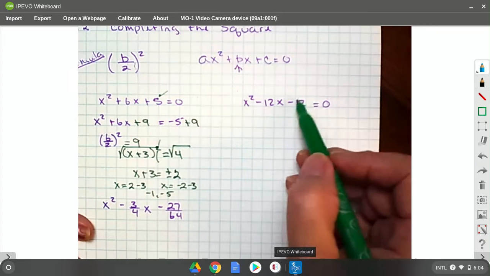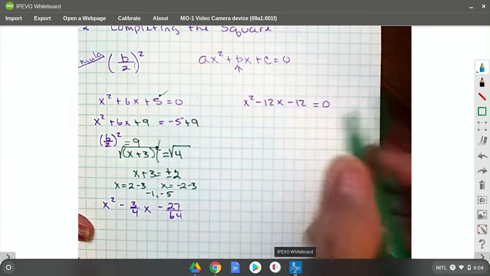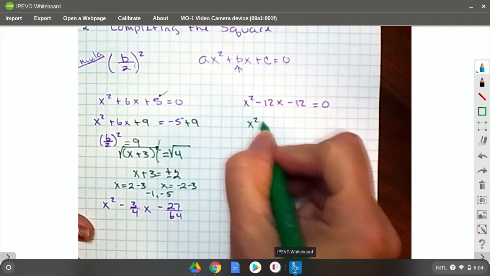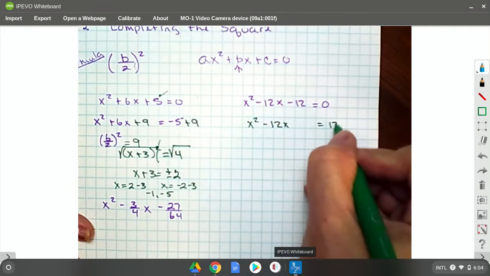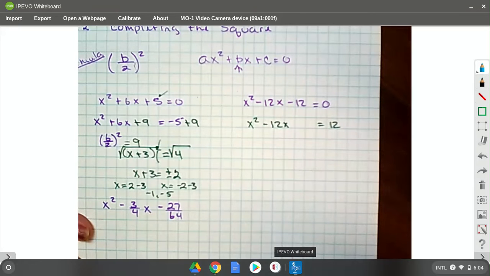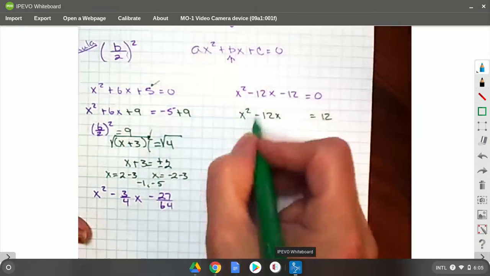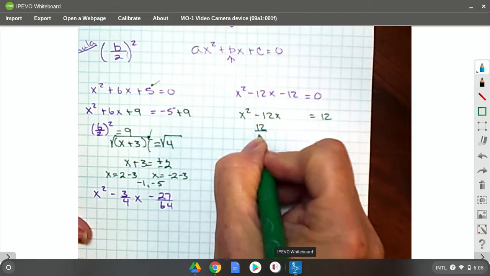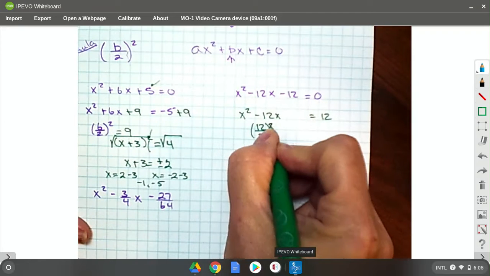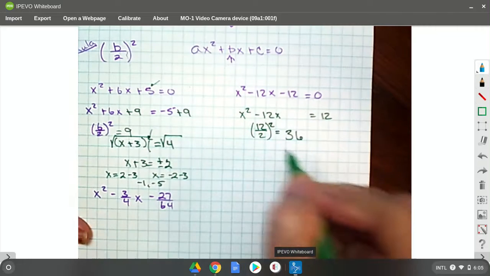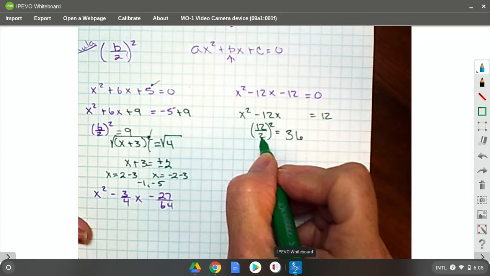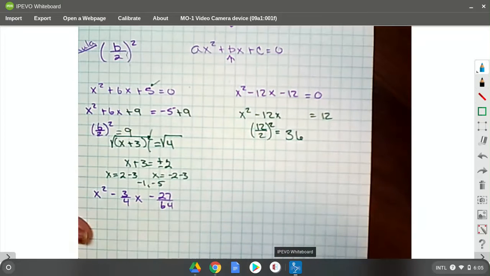Okay. All right, I'm going to get rid of the 12. So I'm going to say x squared minus 12x equals 12. That's going over there. All right, then I'm going to take 12 divided by 2 and square it. 12 divided by 2 is 6, squared is 36.